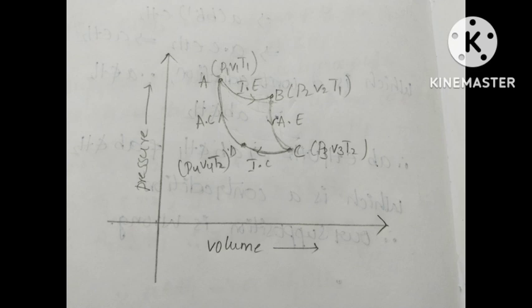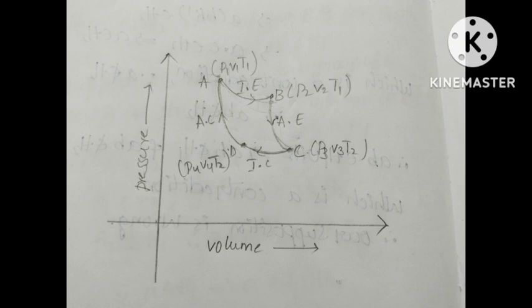And in isothermal compression, CD curve, C coordinates are P3 V3 T2 and D coordinates are P4 V4 T2, and the temperature remains constant at T2 and rejects heat energy to the sink, minus Q2.